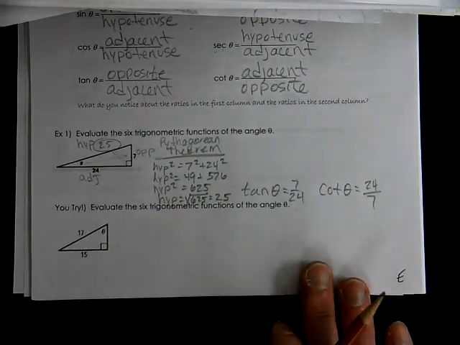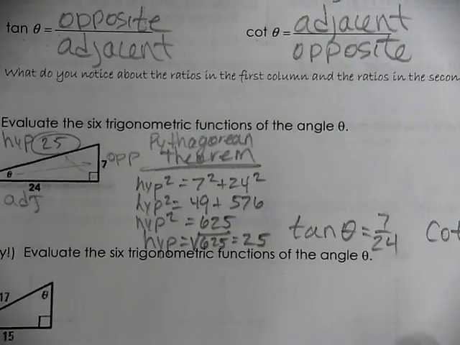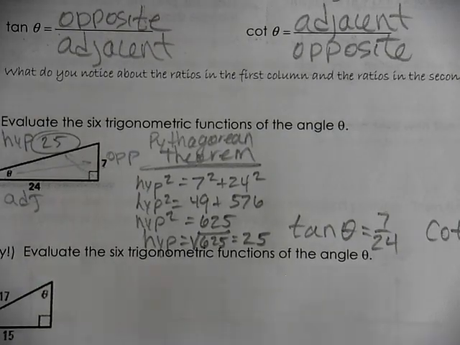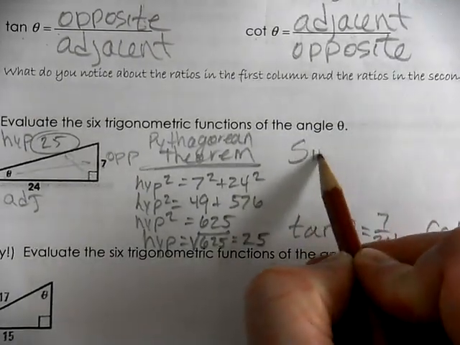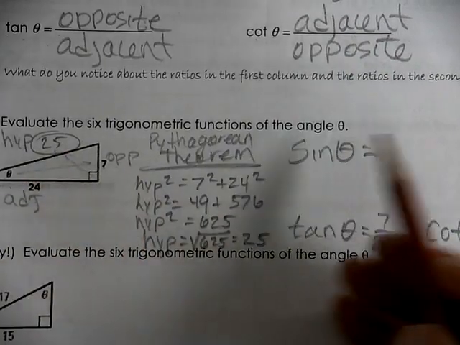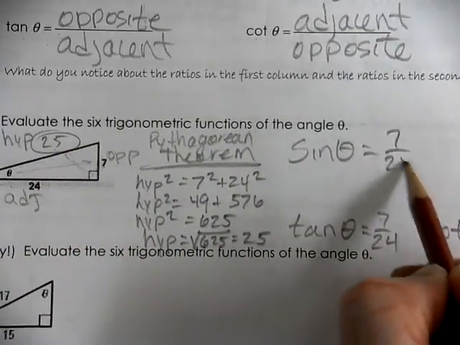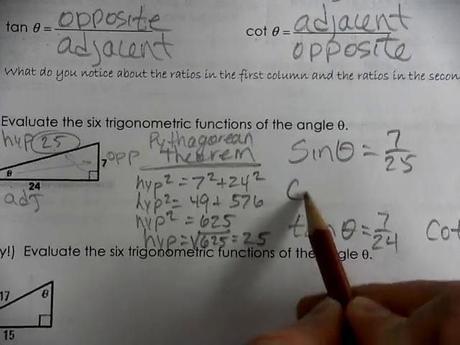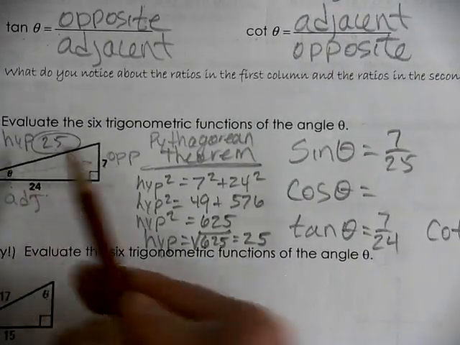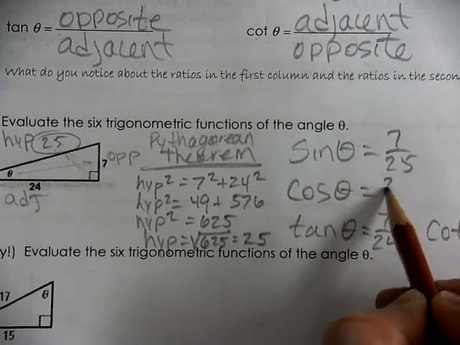So our missing side is 25. Now we can determine what sine of theta is. The opposite over the hypotenuse is 7 over 25. And of course, the cosine is going to be the adjacent over hypotenuse.